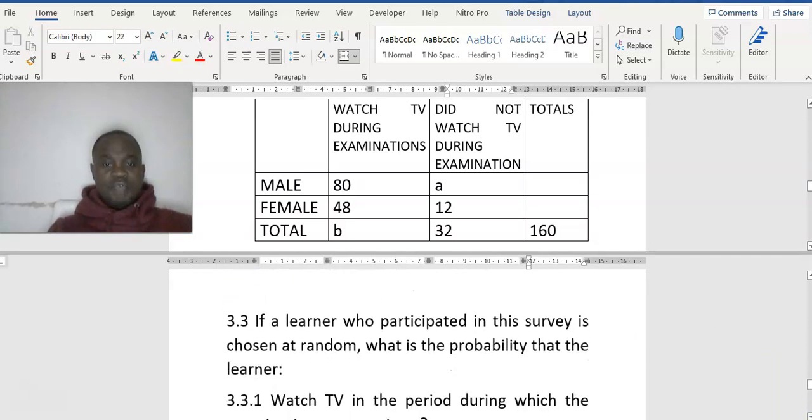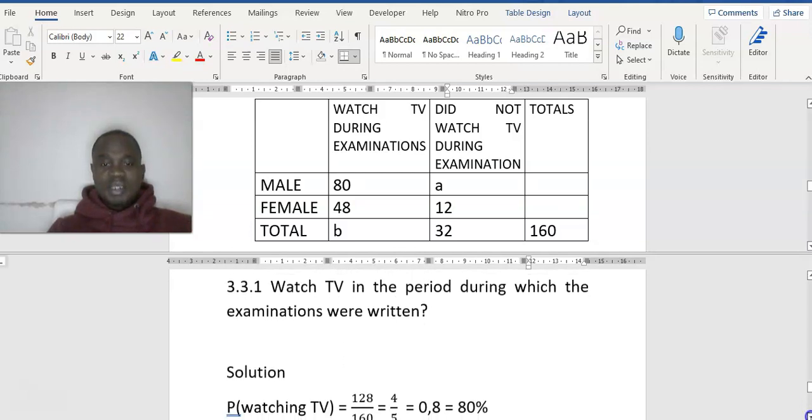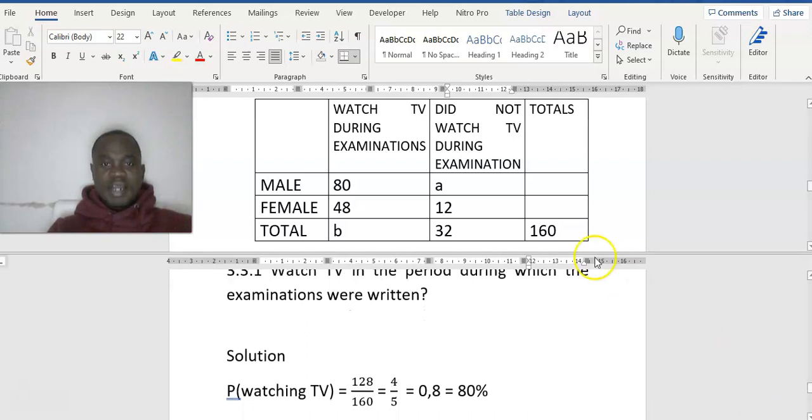Okay. If a learner who participated in this journey is chosen at random, what is the probability that the learner watched TV in the period during which examination was taken? For the learner to watch TV, this is the total number of learners who watch TV.